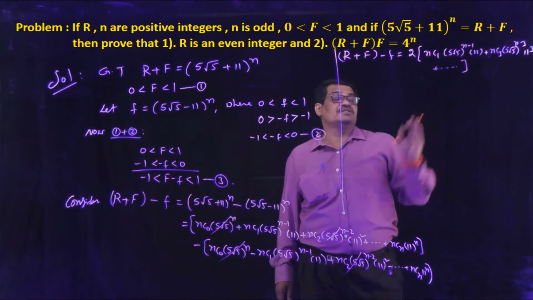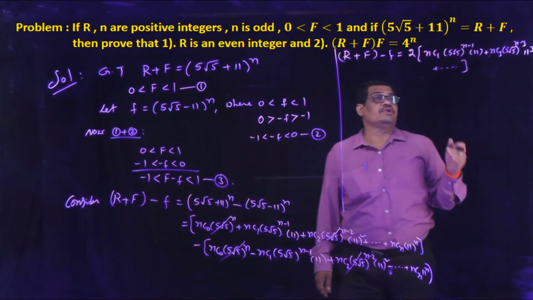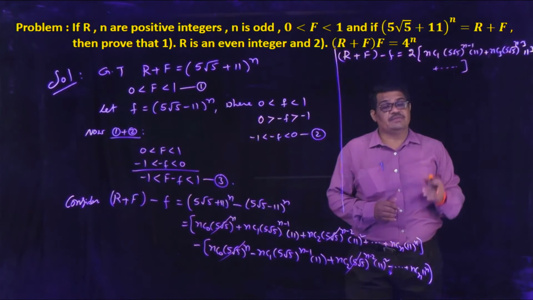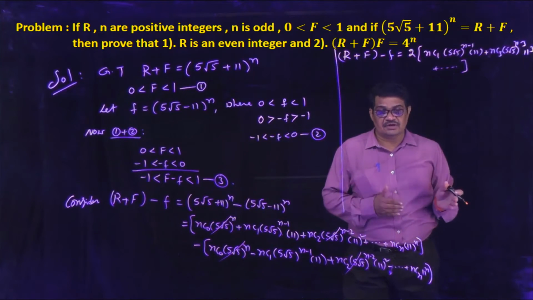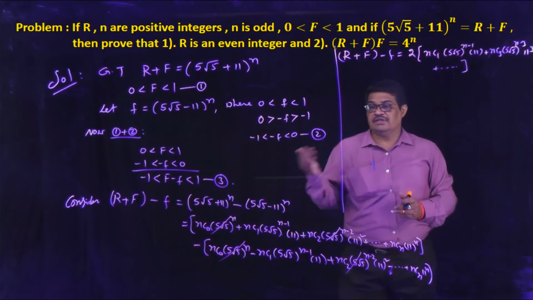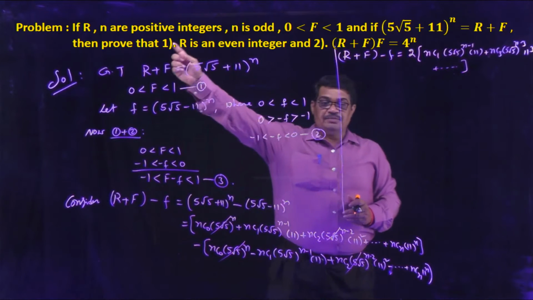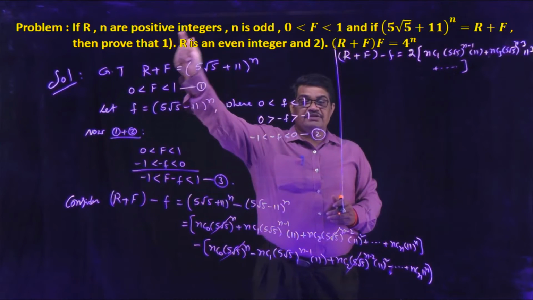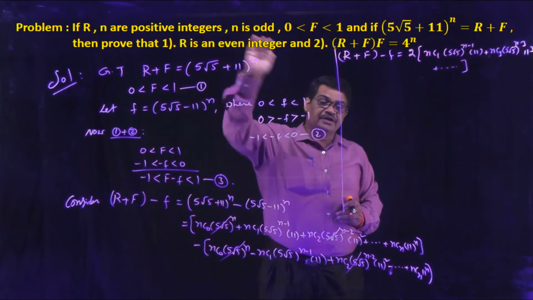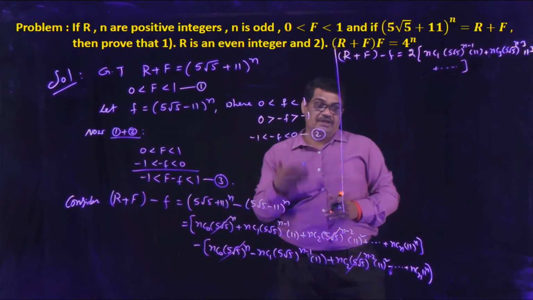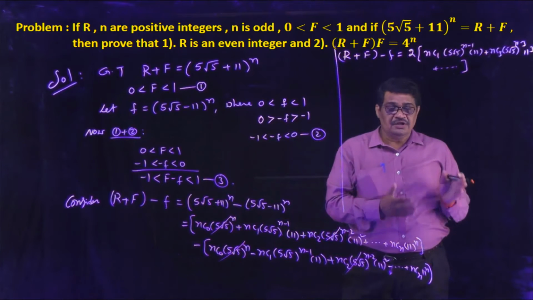The powers are n−1, n−3, n−5. Are these even or odd? Given that r and n are positive integers and n is an odd integer, then n−1, n−3, n−5 are all even integers.